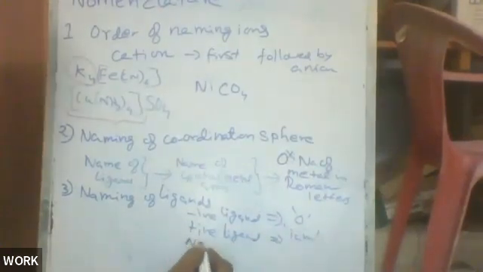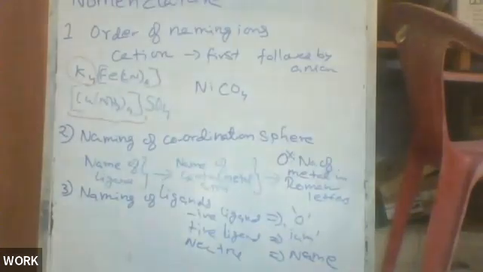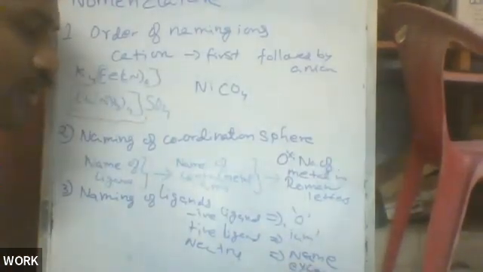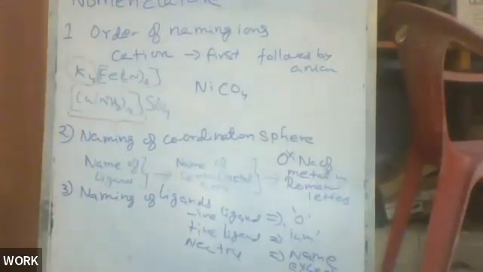Neutral ligands keep the name of the ligand itself. What is the exception? Ammonia and water. Ammonia you have to call amine, water you have to call aqua.